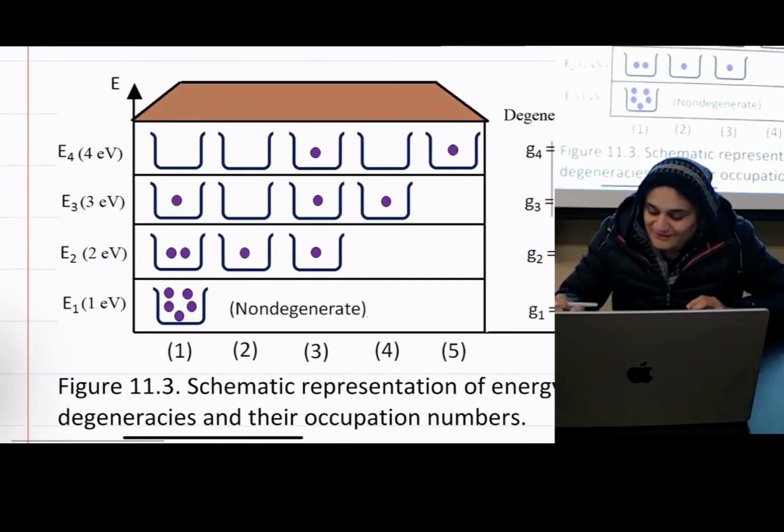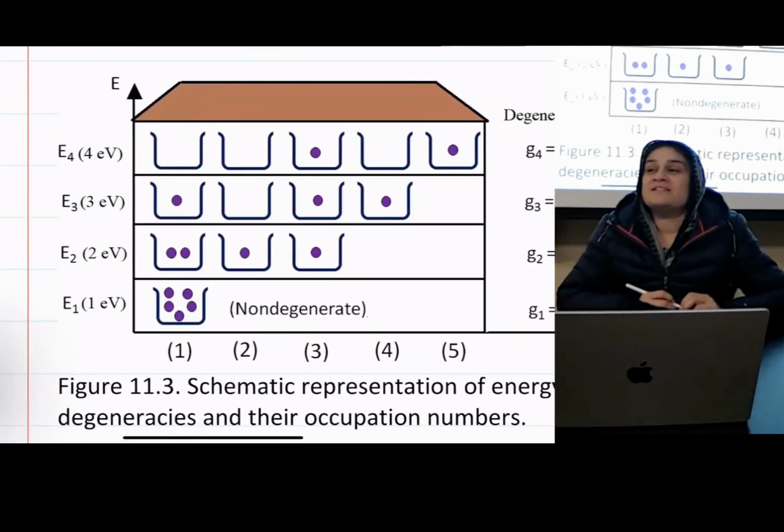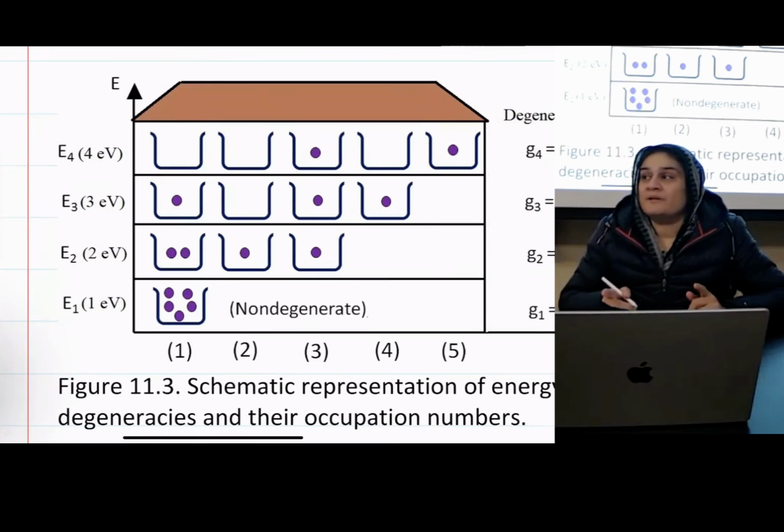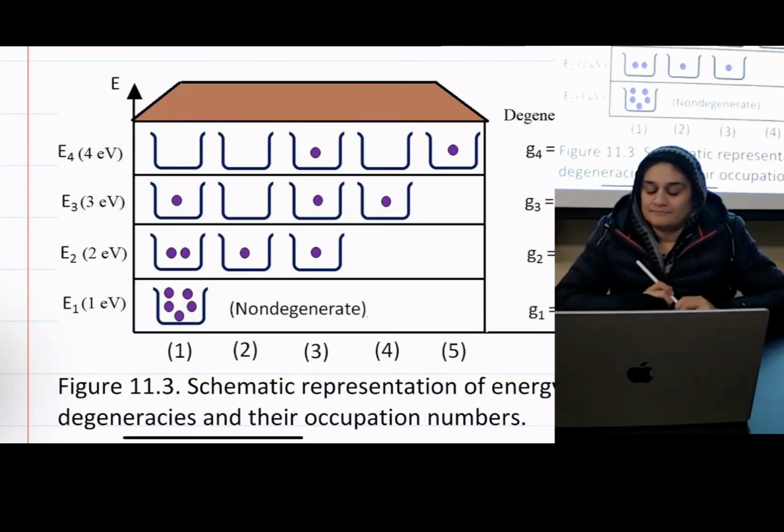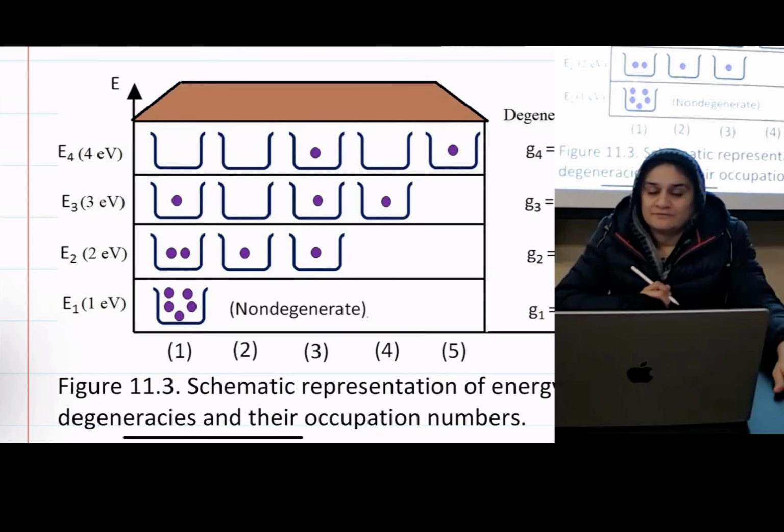Okay, so what is degeneracy? The number of apartments on each floor, correct? So what's the degeneracy of level 3? 4. What's the degeneracy of level 2? 3. Now what is the occupation number for level 4? 2.